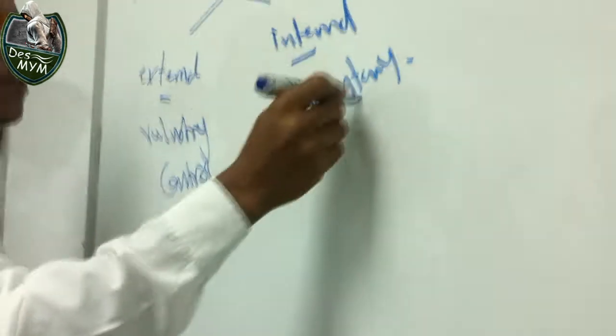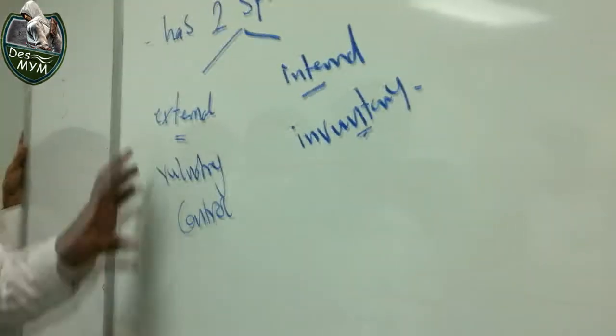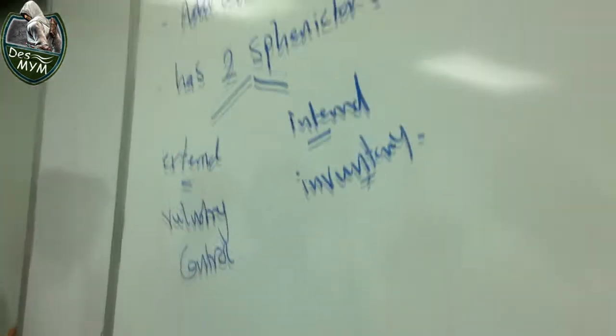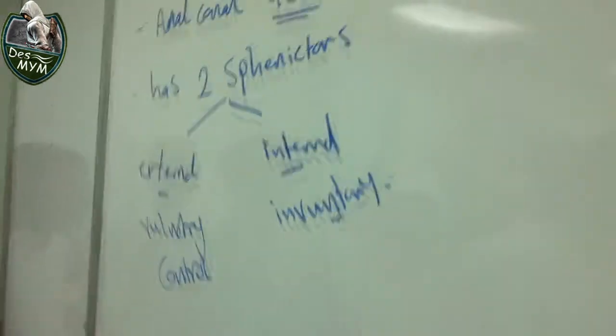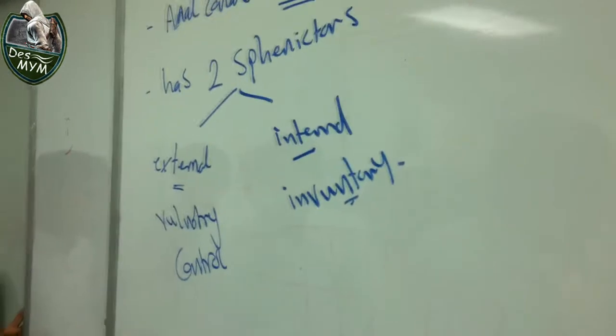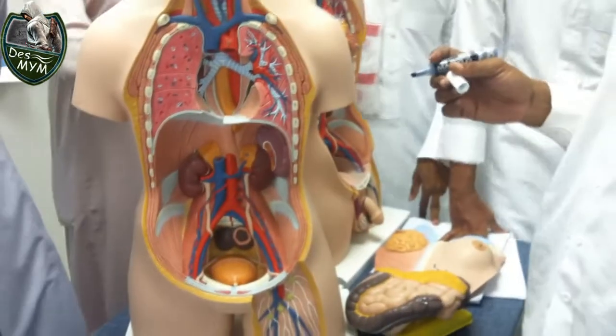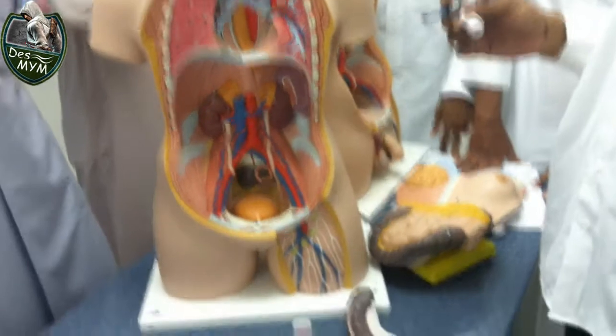That means with voluntary control, a human being can control the passage of feces by himself, and the internal sphincter is not controlled by the human being. When the rectum is full of feces, there is a reflex to the brain.